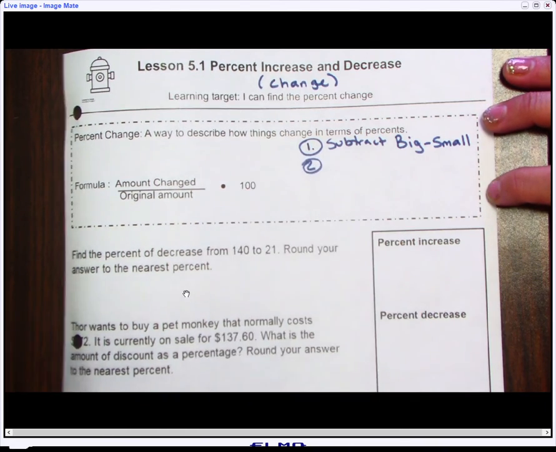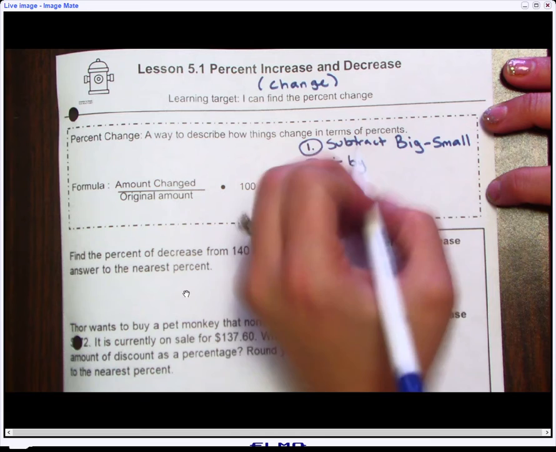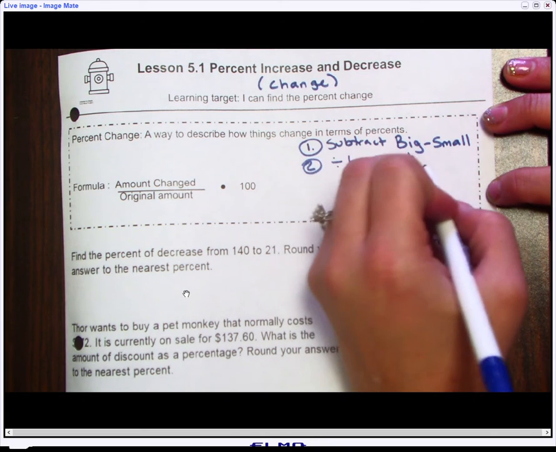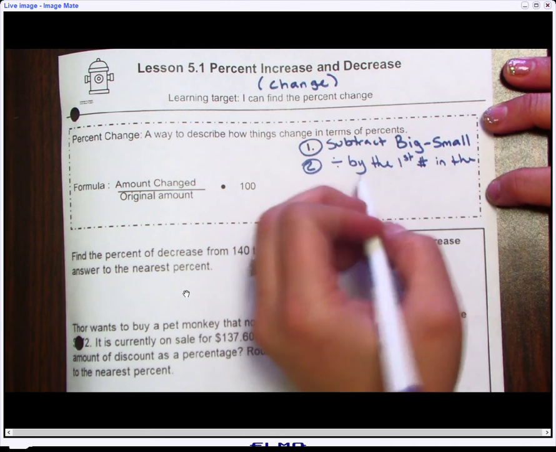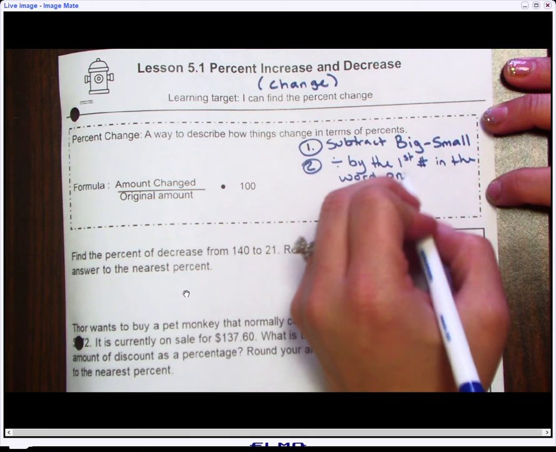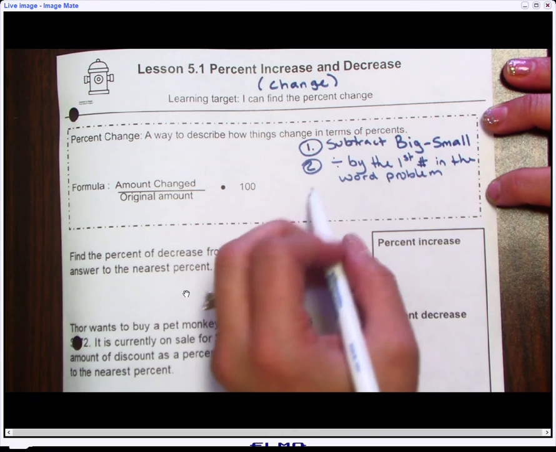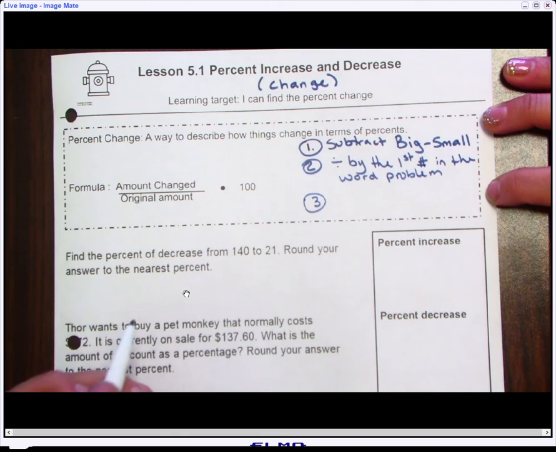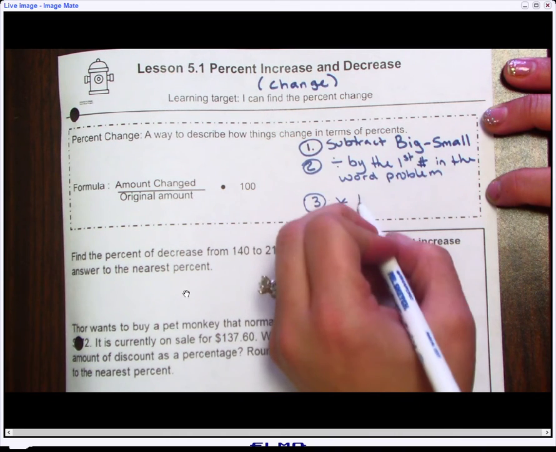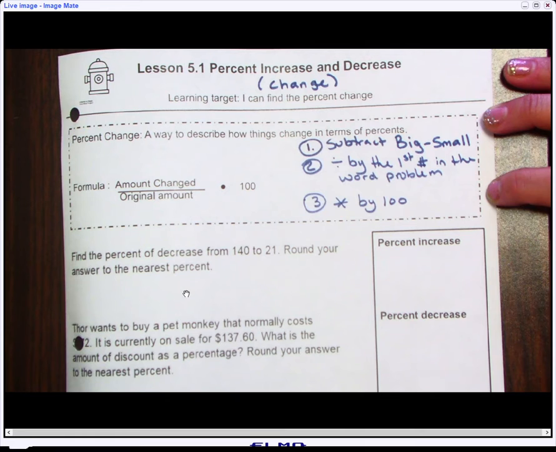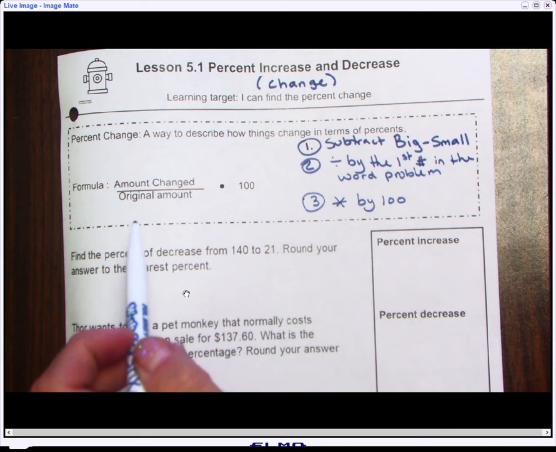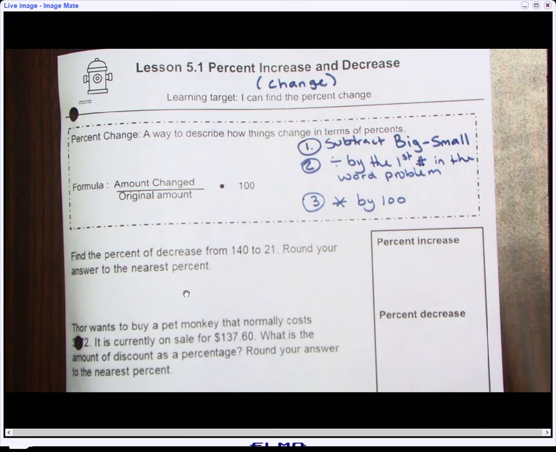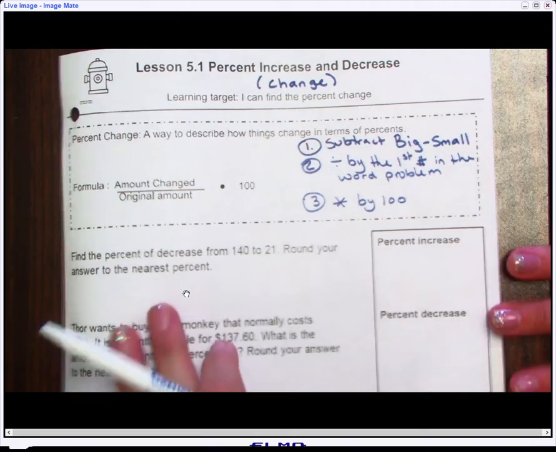Step 2 is to divide by the first number, and this is just the number symbol, in the word problem. And the third step is to multiply by 100. So these are the 3 steps that this formula right here tells us to do, but just broken down into smaller pieces.